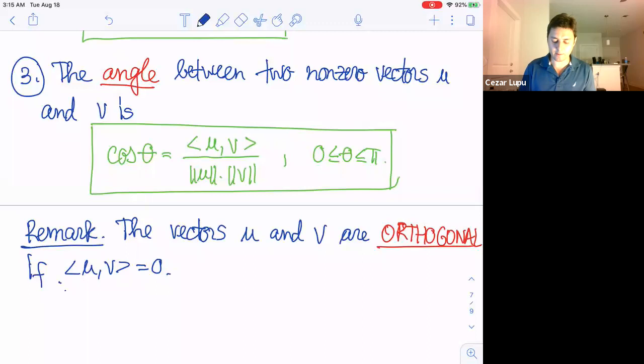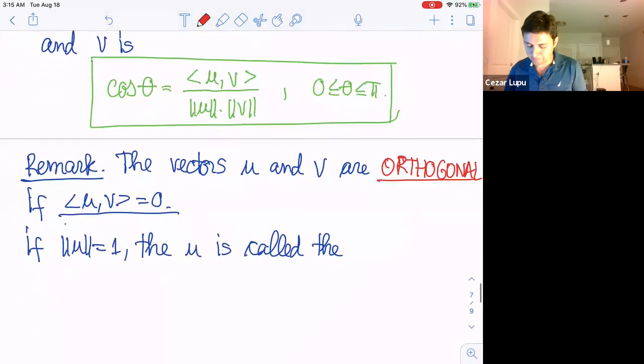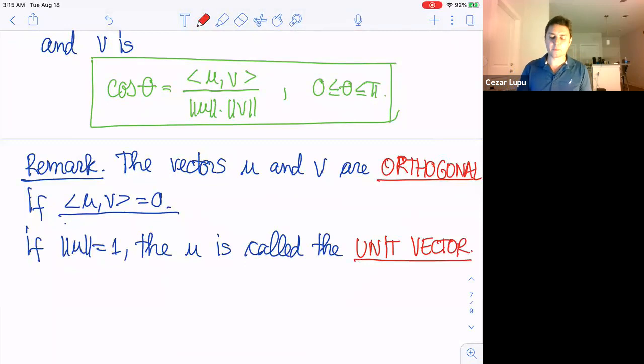So that's okay. Well, also if the norm of u is 1, then u is called the unit vector. At some point, we're interested to define the orthonormal vectors.